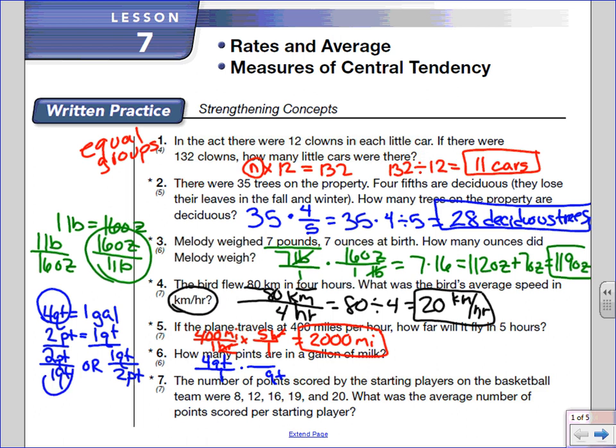So that means I'm going to choose this fraction here, 2 pints over 1 quart. 2 and 4 are both on top, so I'm going to multiply them. 2 times 4 is 8. Quarts are diagonal, so they cross out, and I'm left with pints. So there are 8 pints in 1 gallon of milk.